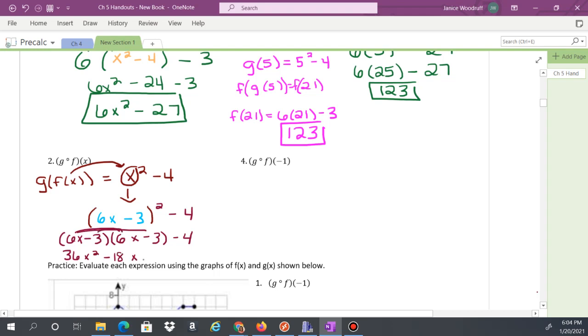Negative 3 times 6x, negative 18x. Negative 3 times -3, positive 9. Bring down that minus 4. And let's see what we get here. We're going to get 36x squared minus 36x plus 5.